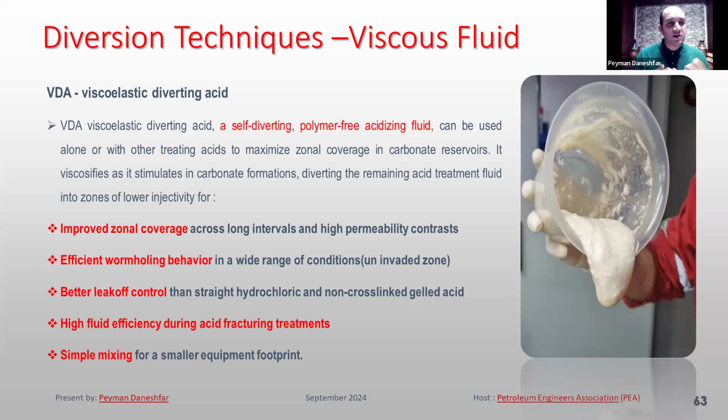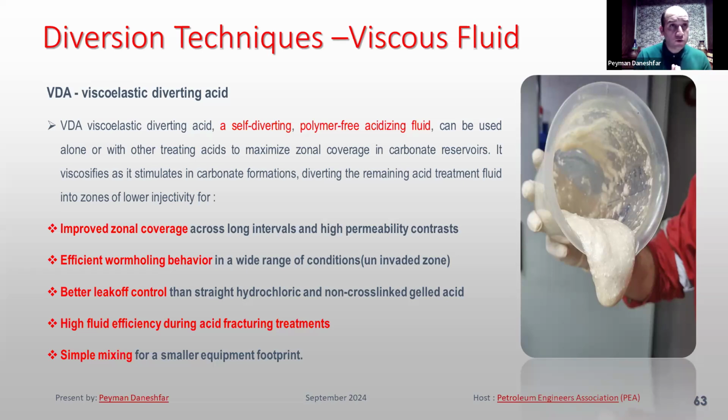Efficient wormholing behavior. Yes, because in a VCA we use 2 to 5% HCl acid to mix the polymer, but in a diverter we can use 10 to 20% acid. This strength of the VDA can also penetrate the formation and cover the zone.